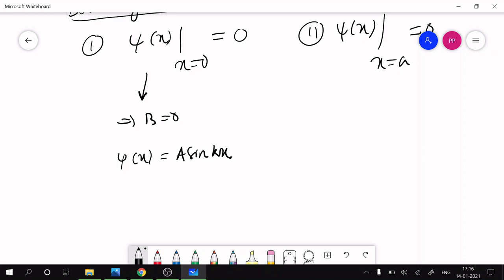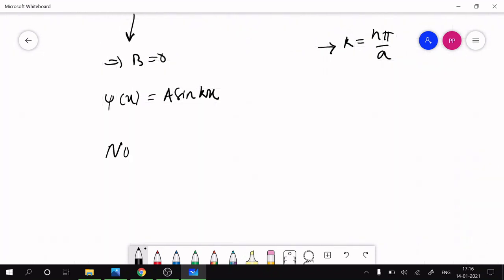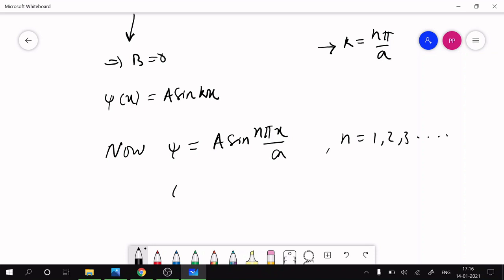Now come to the second boundary condition. Putting it in, we get k equal to nπ/a, and the wave function becomes ψ equal to A sin(nπx/a), where n goes 1, 2, 3 and so on, but 0 is not allowed.